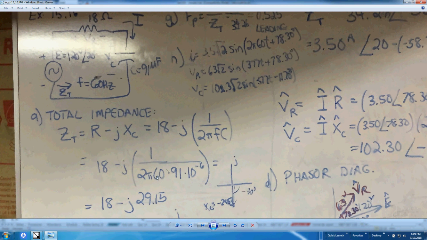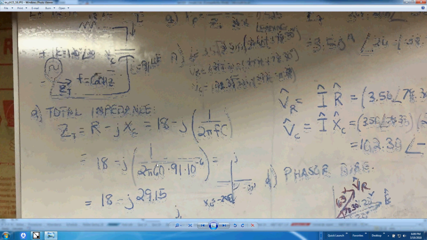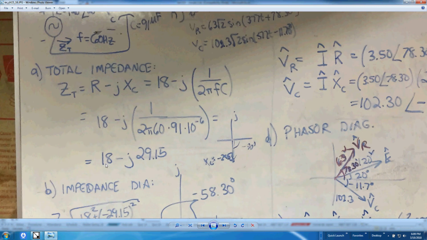So putting in 60 for F, 91 times 10 to the negative 6 for C, we do the math, and it equals 18 minus j 29.15. These are both in ohms. I should say 18 ohms minus j 29.15 ohms.